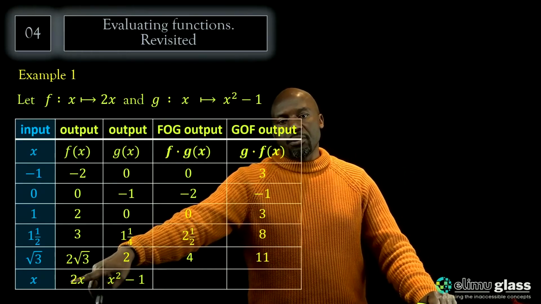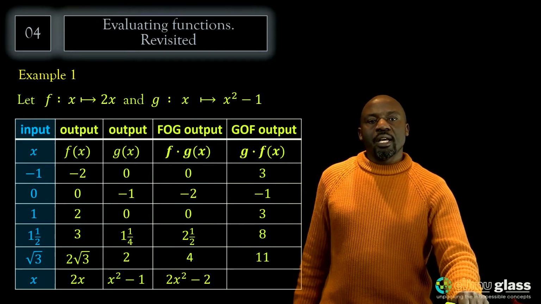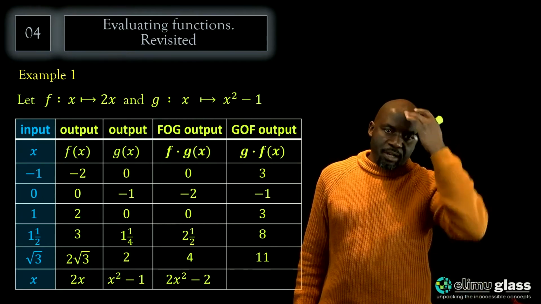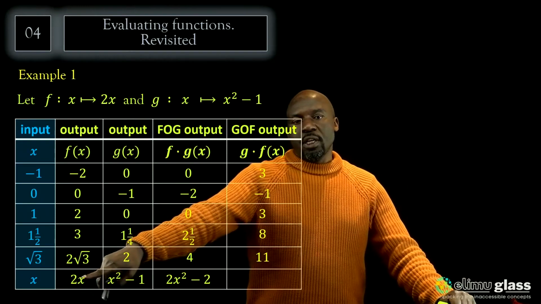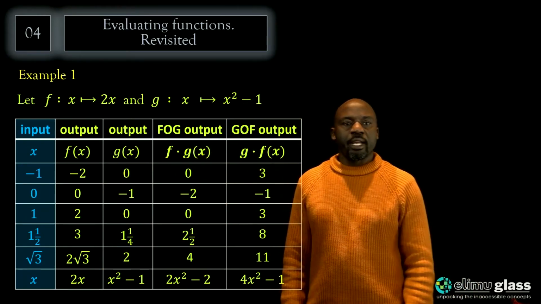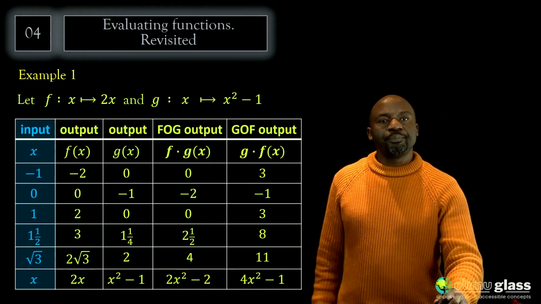So we have 2 times x squared minus 1, which is 2x squared minus 2. And if we do it the other way around, g of f of x, meaning we put 2x into g, we should end up with 4x squared minus 1. Just check that you got that right.